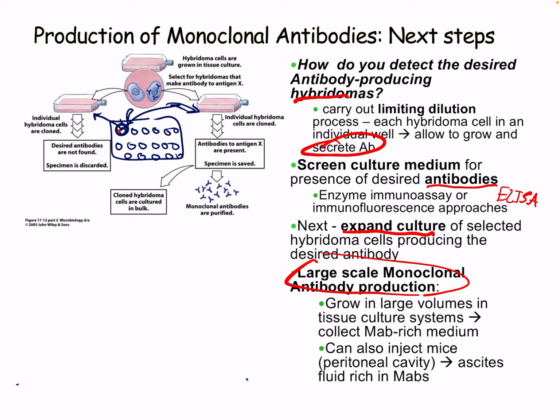We can grow cells in large volumes in tissue culture systems and collect monoclonal antibody-rich medium, and we can also inject mice in their peritoneal cavity, causing ascites, which is a fluid rich in monoclonal antibodies. A lot of these are used in medications, so there is massive-scale production of these antibodies. Those cells are immortal, so we produce tons of antibody, and these are put into different medications and used to treat certain conditions.